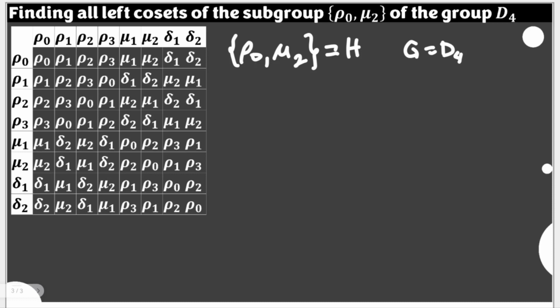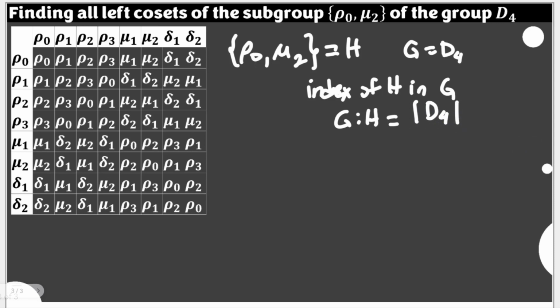Now, the number of left or right cosets, in this case left cosets, is determined by the index of H in G, represented by this symbol here. This means we take the order of our D sub 4, which is our G, over our H. Even if all these permutations are elements of S sub 4, the order of D sub 4 is not 4, but the number of permutations, which is 8.